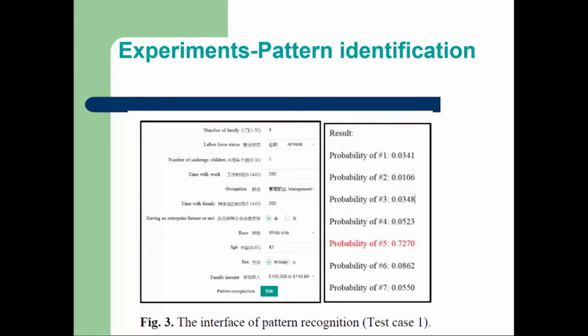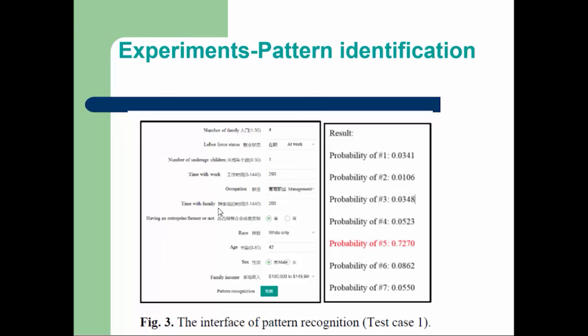Based on pattern mining, the pattern is recognized through social, demographic, or activity features by random forest. Fig 3 and Fig 4 are two test cases for pattern identification. The left of the figures is the input interface of pattern recognition.